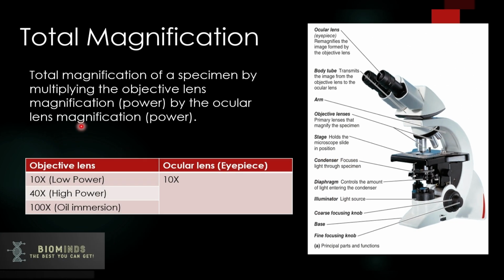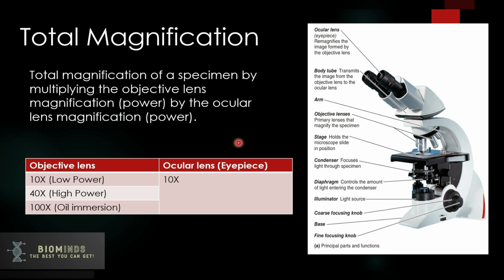Next comes the magnification. Magnification means how much you can zoom, how much you are able to observe. It depends upon the specimen you want to observe. If it is a microorganism whose size is very small, then you need a high magnification, something that focuses more.